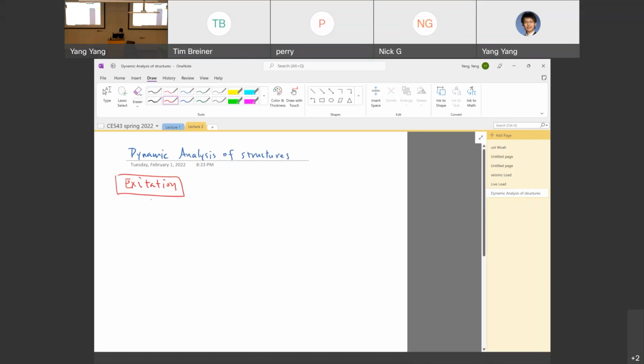Excitation is an input to the structure. And the output of our analysis is the response of the structure.